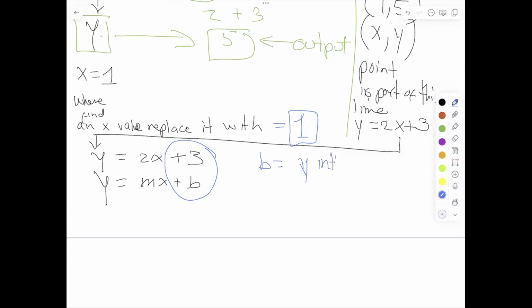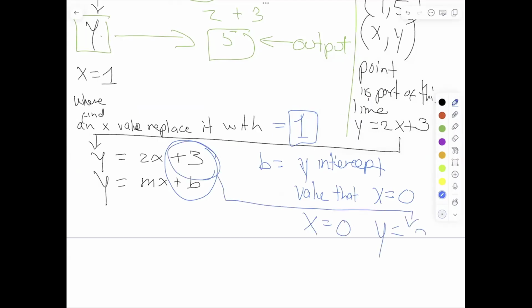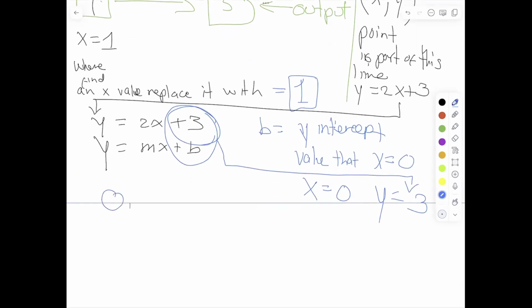The y-intercept. What is the y-intercept? The y-intercept is a value that has x equal to 0. So x is equal to 0. What is my y? Well, my y is b. So that's going to be 3. So this is 0, 3 is my y-intercept, correct?